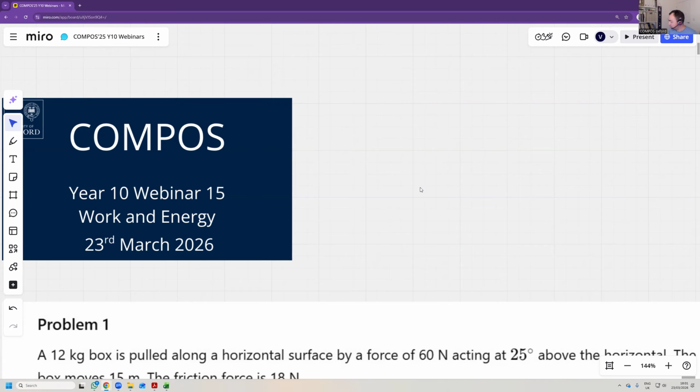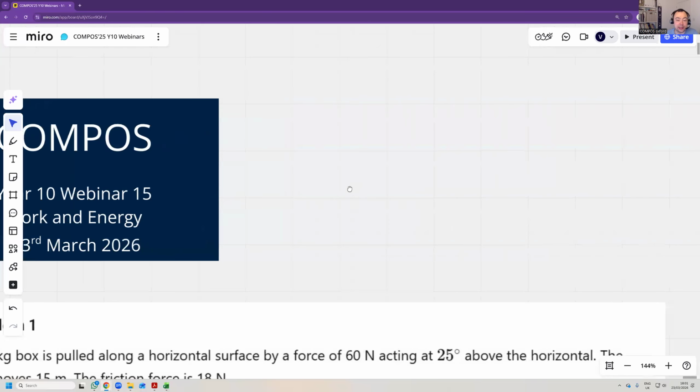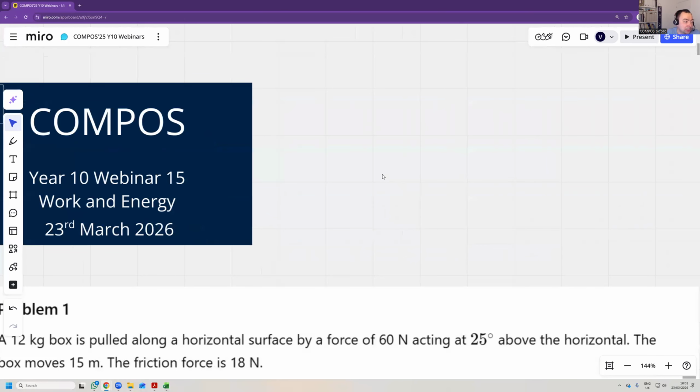So, to understand energy, you first need to understand work. Work is, well, the definition: work is force times distance.